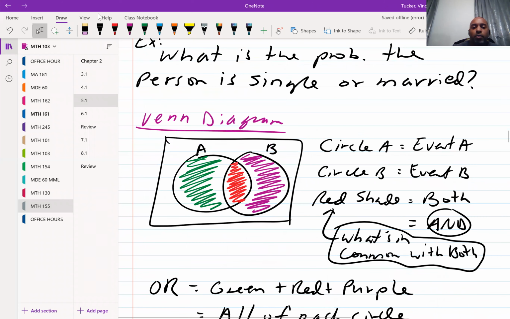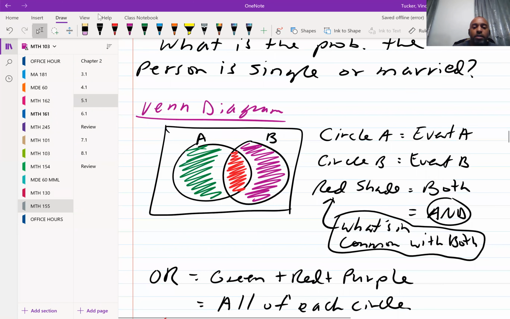"Or" is going to be the green, red, and purple added together. That's all of each circle. So if they ask you about a Venn diagram, you need a visual. Once again, that 98 would have been what the red would represent. And what we're about to find now will be represented by all three pieces. You add up all the pieces together.